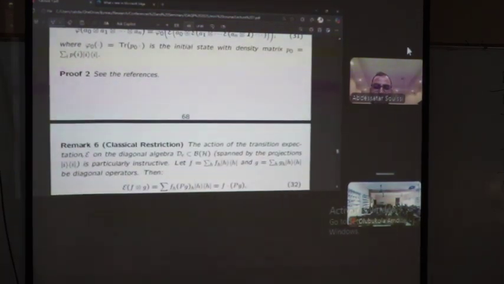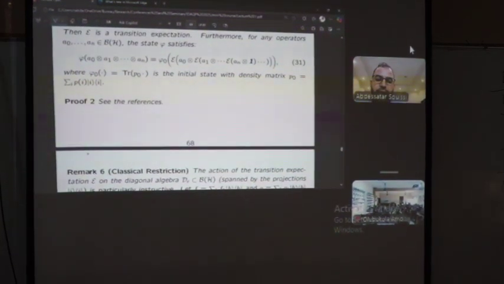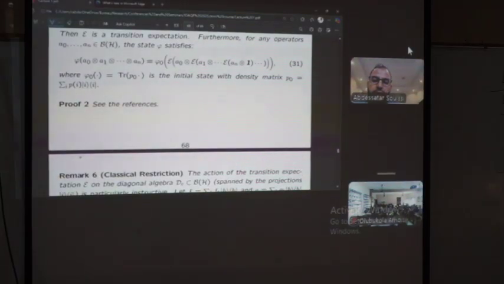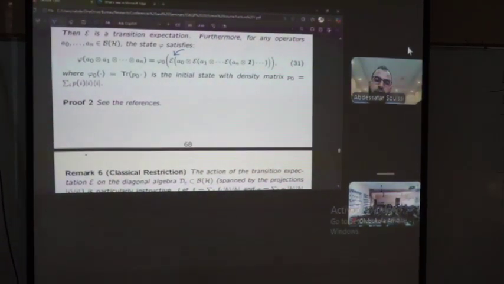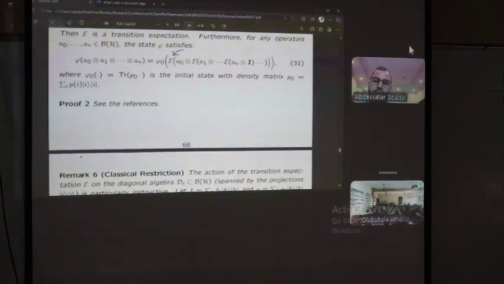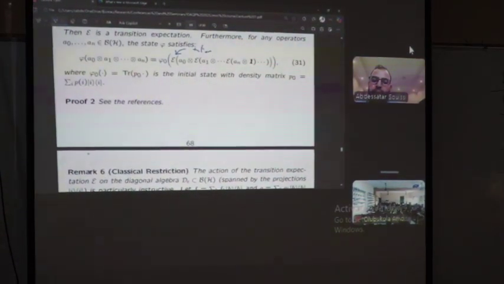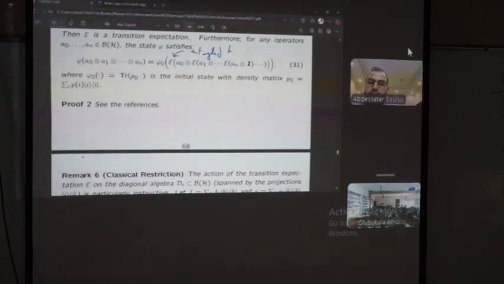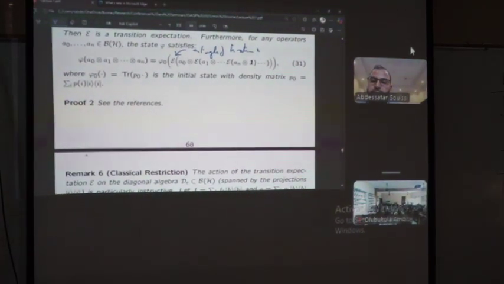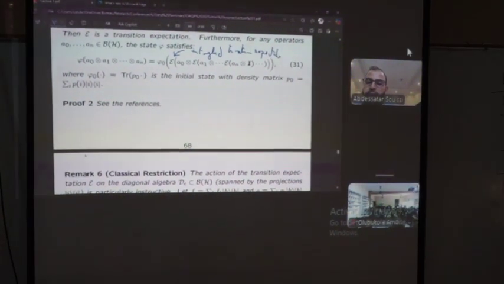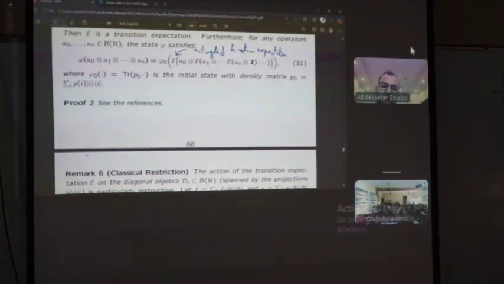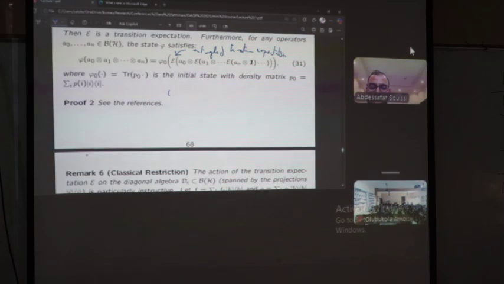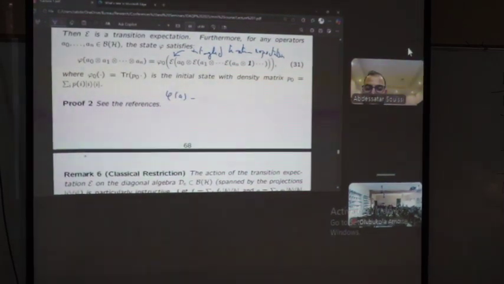This is a very important point, and it allows us to interpret the Markov chains as the limits of this expectation value at the vector psi.